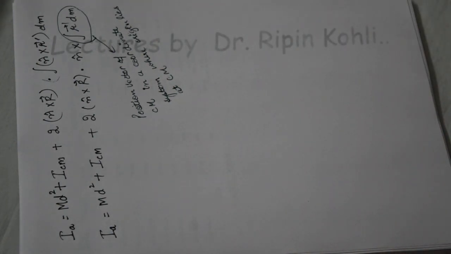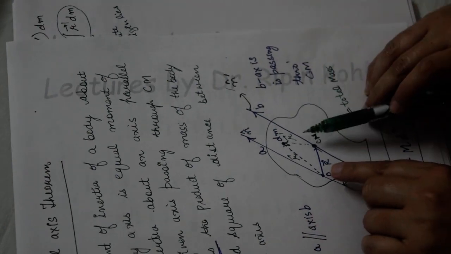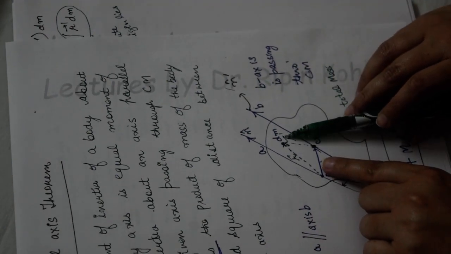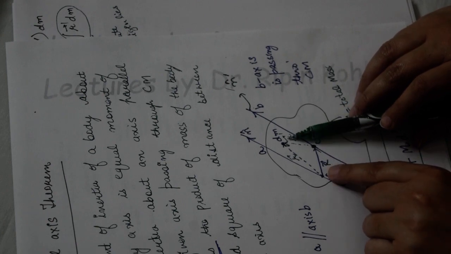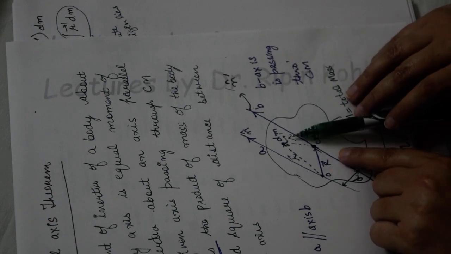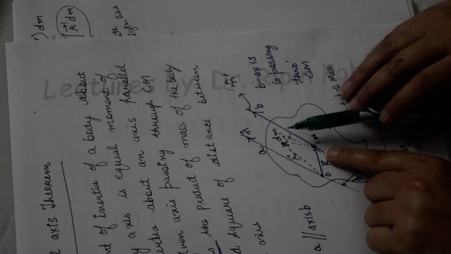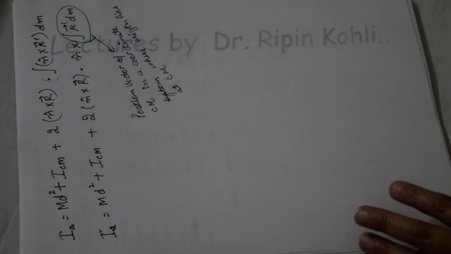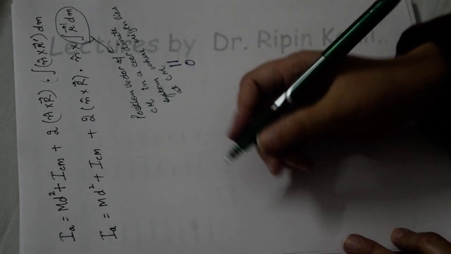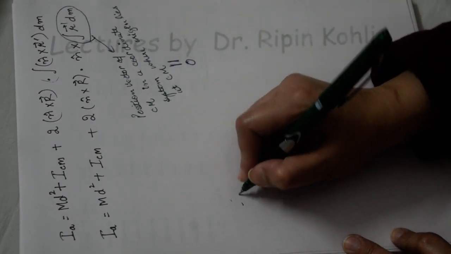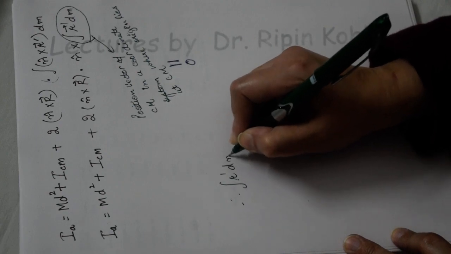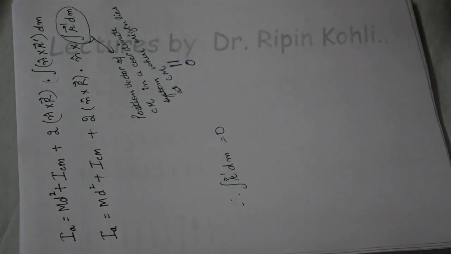What I mean to say is that I have shifted the whole system to the center of mass system, and r dash is the position vector of elemental mass dm from the center of mass. If I have shifted my origin to center of mass, then of course r dash will be equal to 0. Hence this term is equal to 0. Therefore I can say that integration of r dash dm is equal to 0.